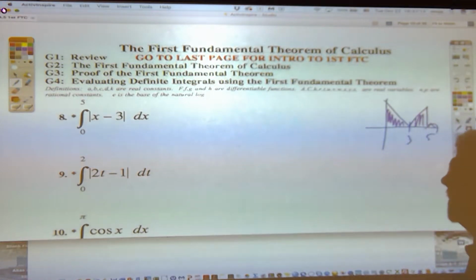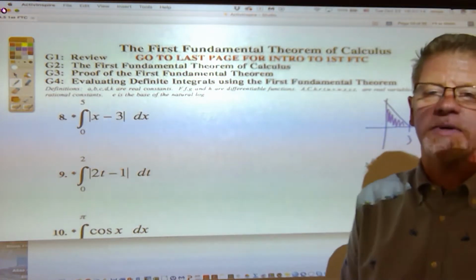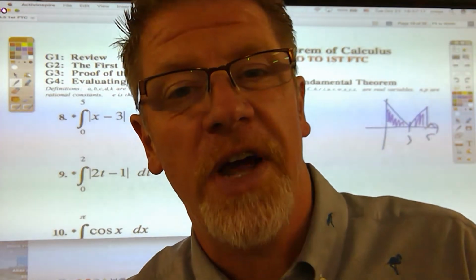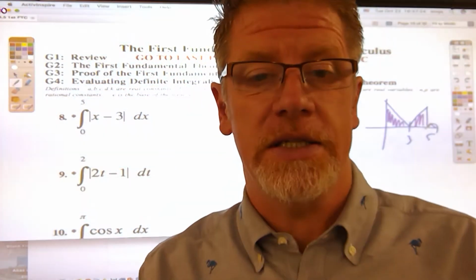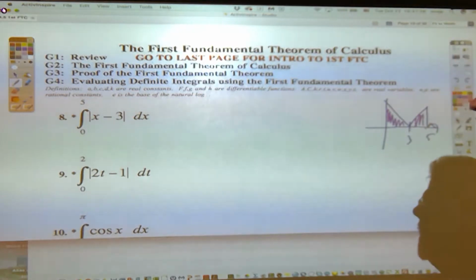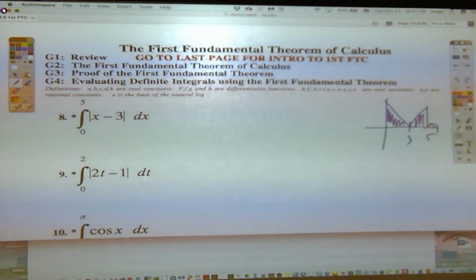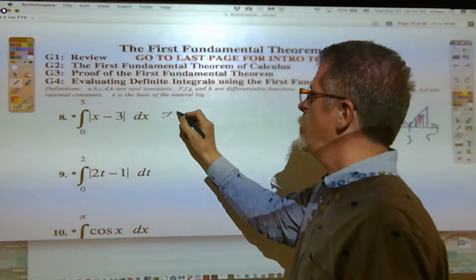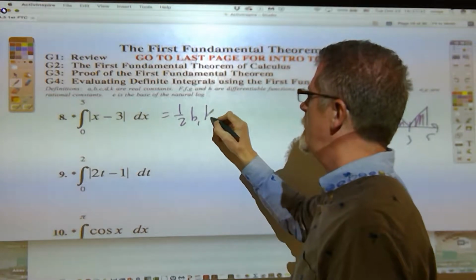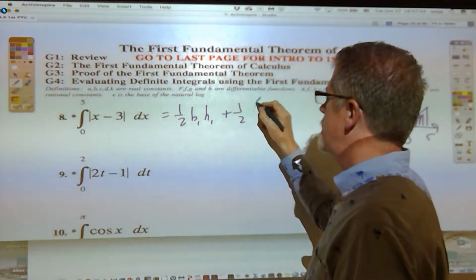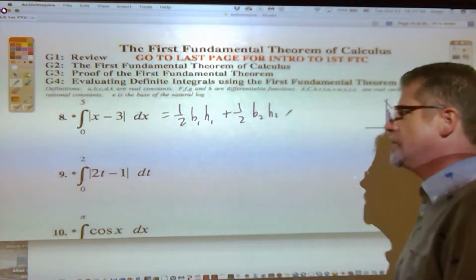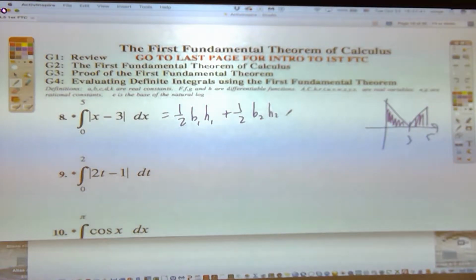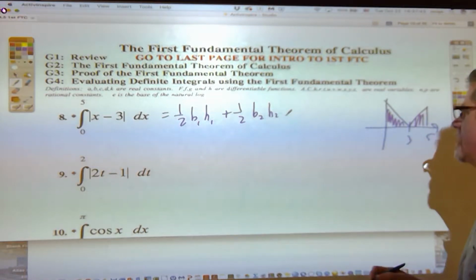And sometimes you can just say, hey, forget it. I don't need any calculus, because I know a formula for finding the area of a triangle. It's 1/2 base times height. So you can ditch calculus and just find the area of these two triangles. Even though you know all this fancy calculus now, doesn't mean you have to use calculus.